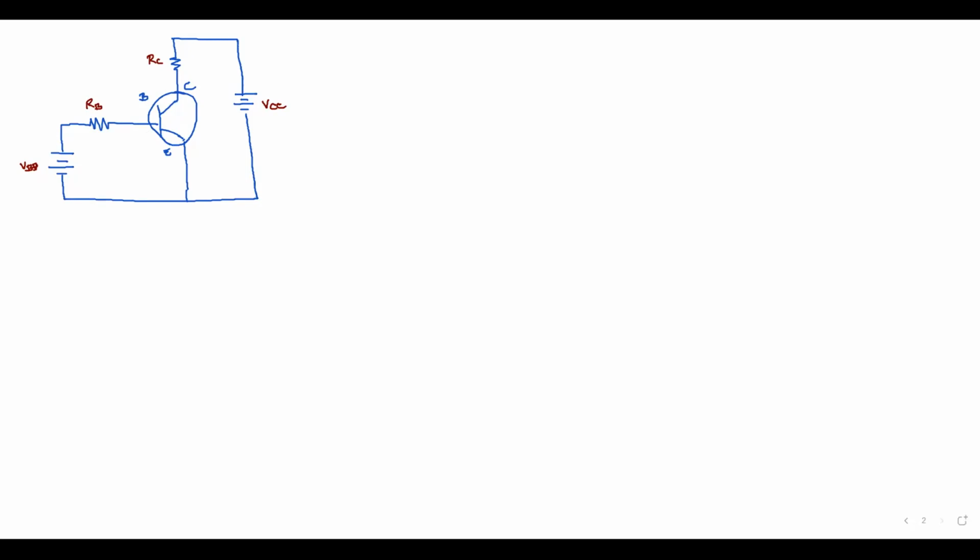Now, how are we going to solve for the different components? What parameters can we solve? Here, you can solve for, of course, the currents. We have here your IB, your IC, and your IE.